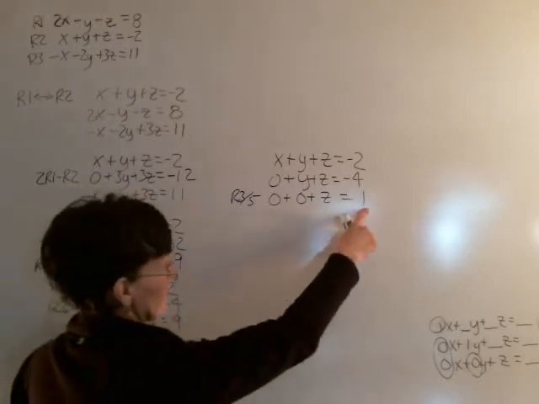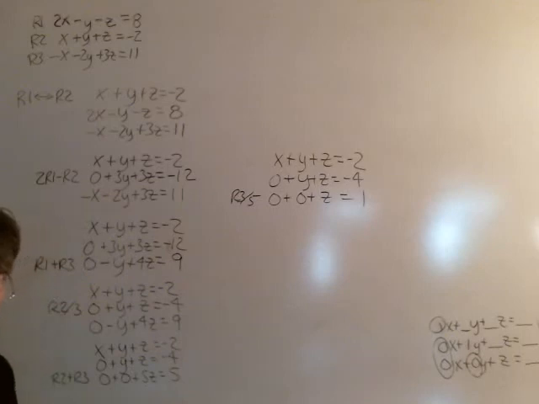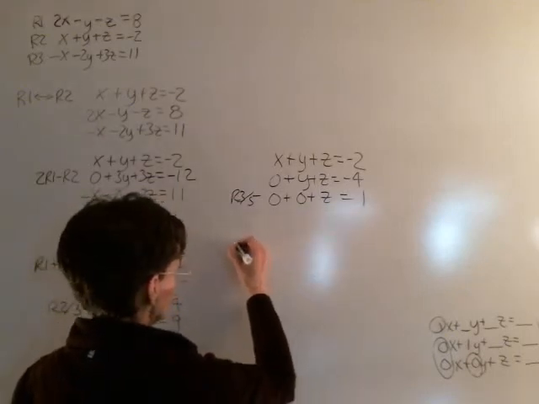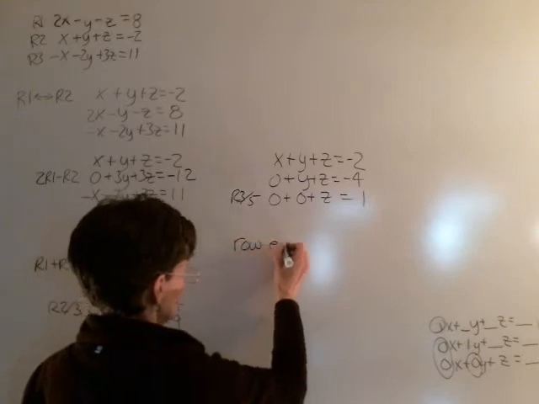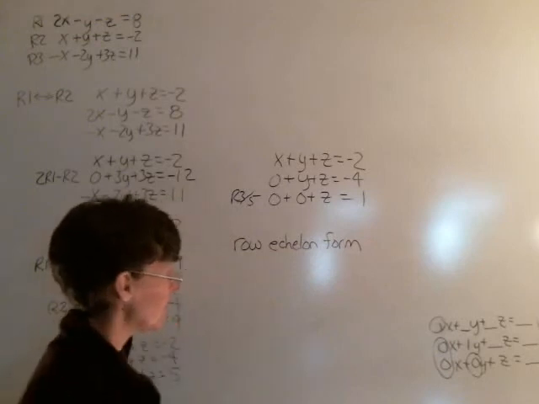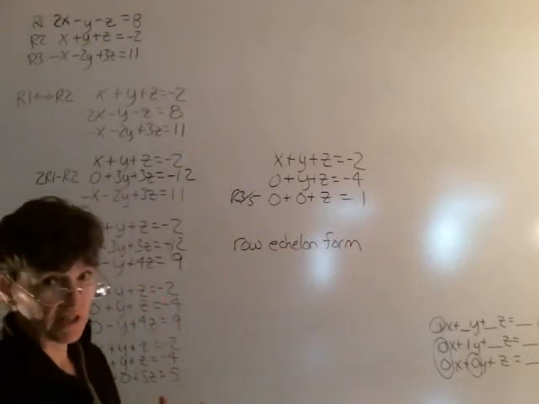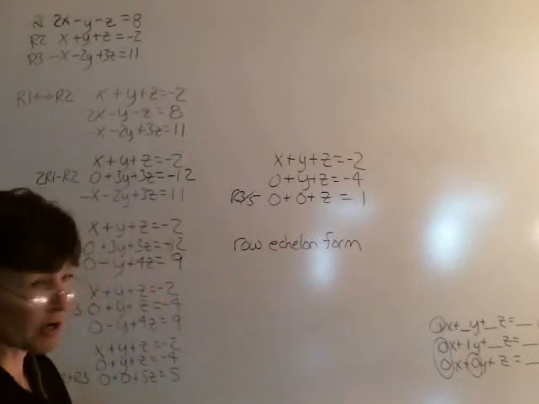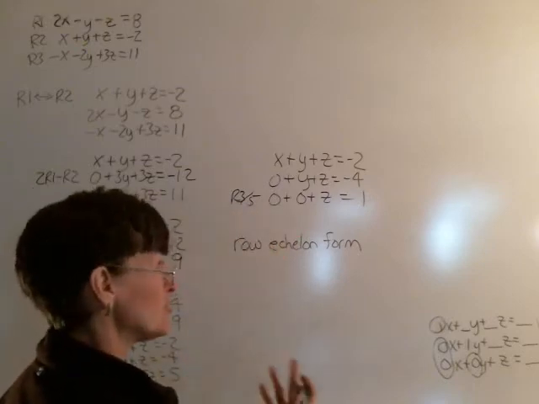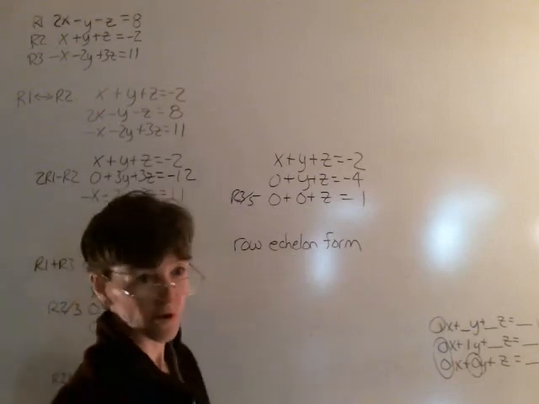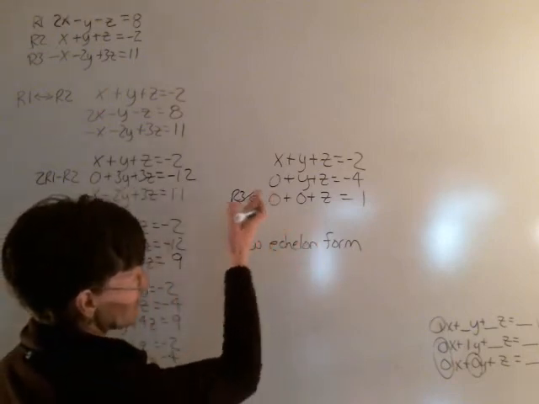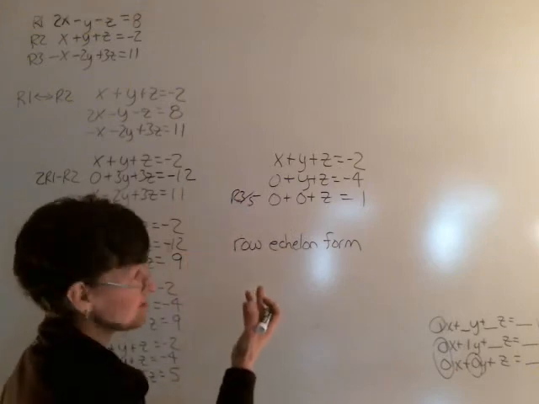And 5 divided by 5 is 1. And this is my final row echelon form. Maybe in a future video we will do a reduced row echelon form on a matrix, but this is my row echelon form. There's more than one row echelon form for a matrix.